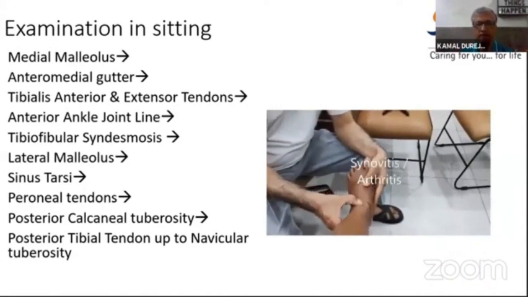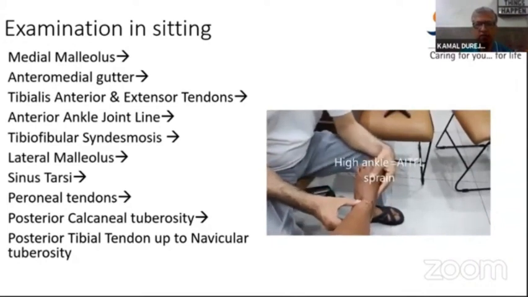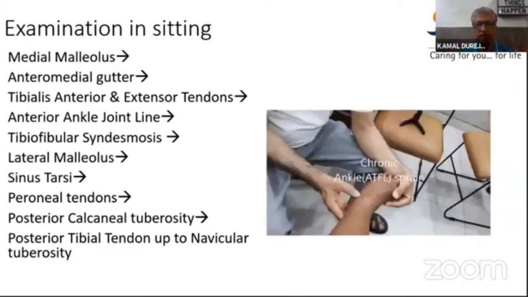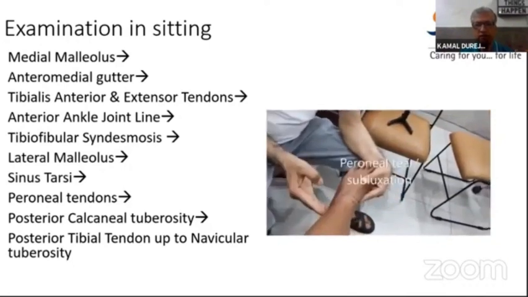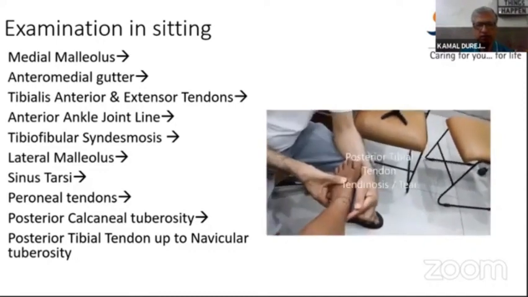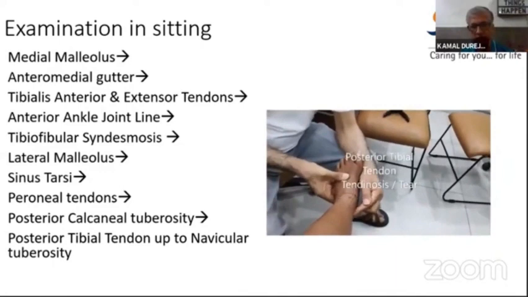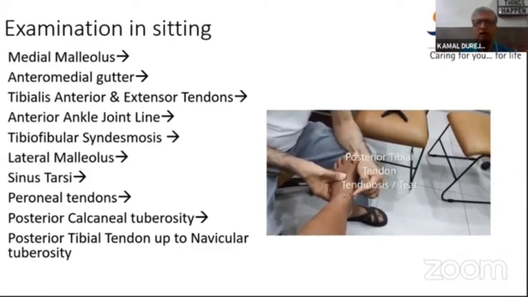I am palpating the tibiofibular syndesmosis, and then the lateral malleolus, and then my thumb moves to the sinus tarsi, and then I feel the peroneal tendons at the back of the lateral malleolus, and then I touch the calcaneal tuberosity. Then I come back to the posterior tibial tendon on the backside of the medial malleolus, and I feel the posterior tibial tendon all along till the navicular tuberosity.